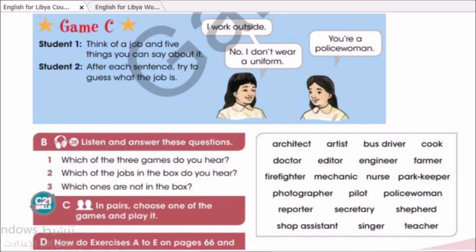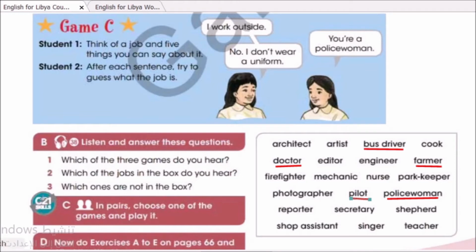And yes, so we heard doctor, as we said, policewoman, good, farmer, bus driver. Where's the bus driver? It's not there. Ah, it's here. And a pilot. Yes, very good, pilot.